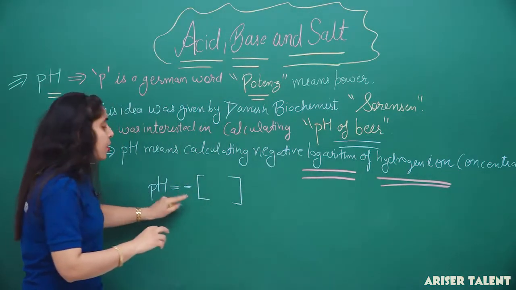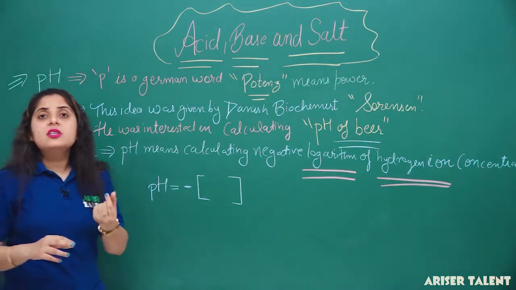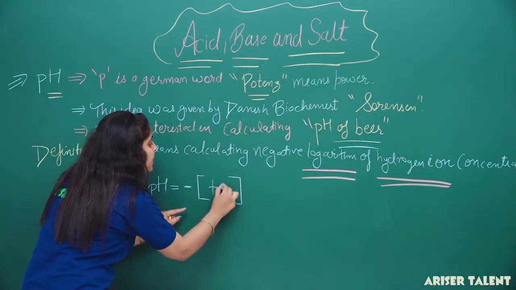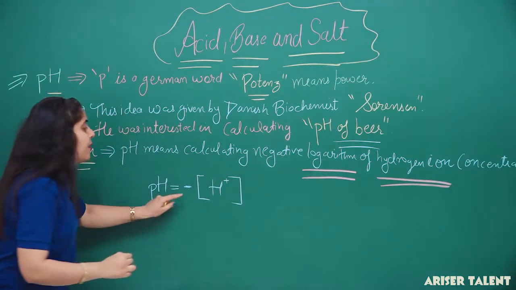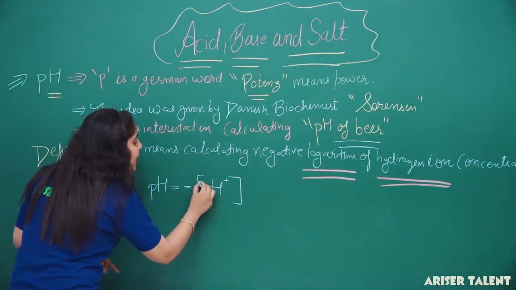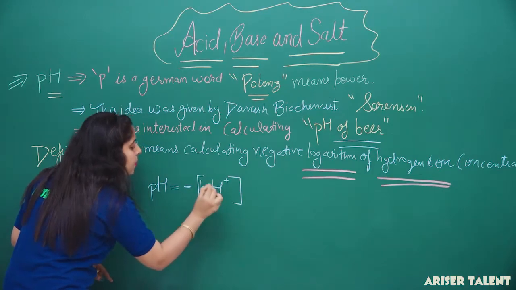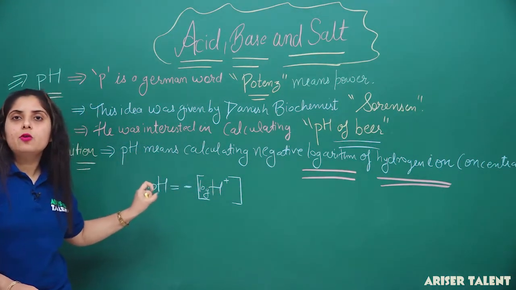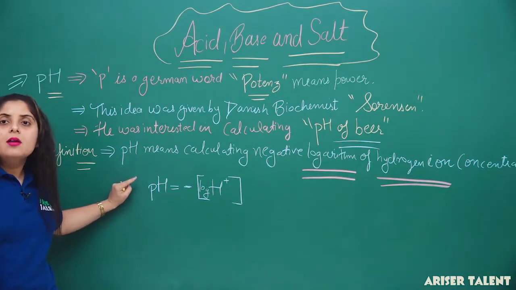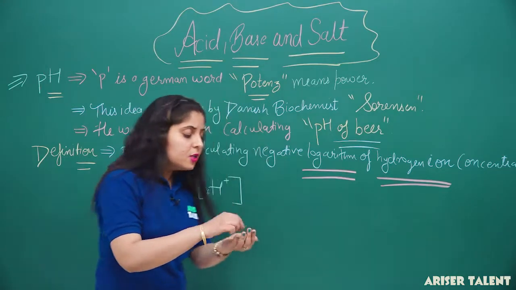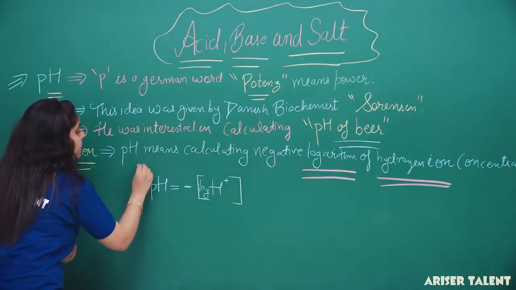Now, we want to calculate the concentration of hydrogen ions, so we enclose H plus in square brackets and take the negative logarithm of it, because we are interested in calculating the negative logarithm. From this formula, we can calculate the pH of a solution very easily. So this is the formula of pH.